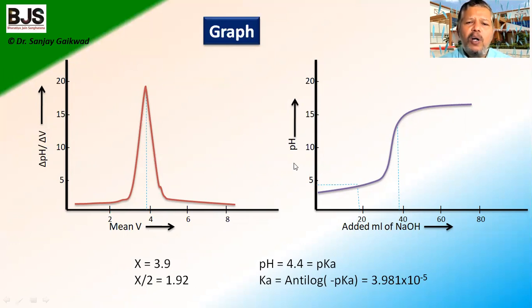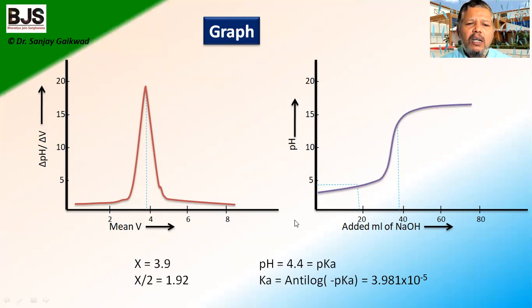Then again we have to plot the second graph, the pH versus added ml of NaOH. Now as we plot this graph, it is an S-shaped graph. It increases slightly because we are adding the base into the acid, which gets neutralized, and after the neutralization point, a sudden increase is observed in the pH and then it again remains constant.